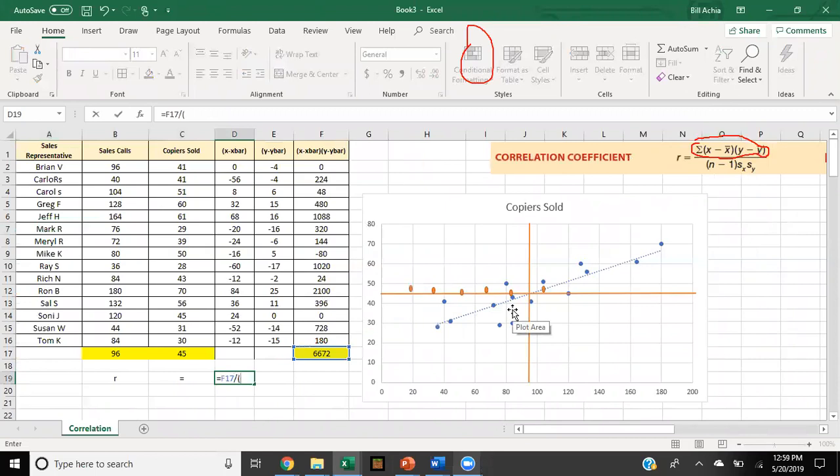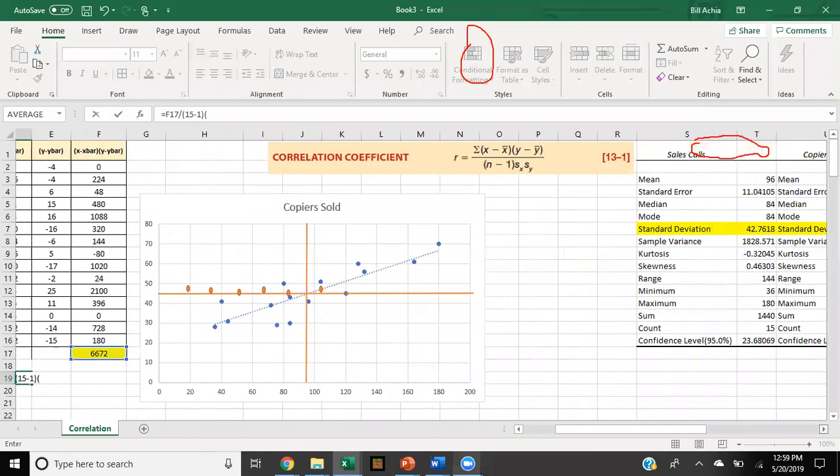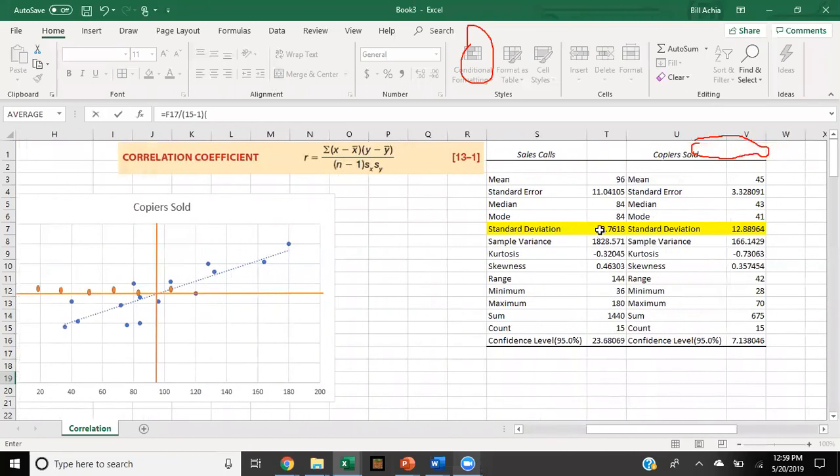N was, we had 15 sales representatives, so n would be 15 minus 1, multiplied by those standard deviations that we calculated here, multiplied by this value, multiplied by this value.